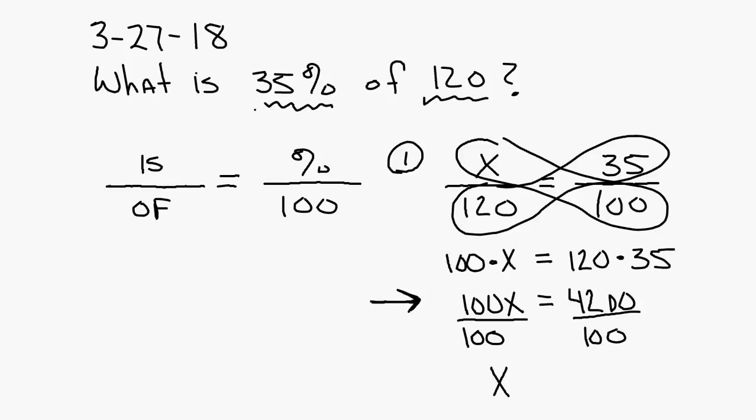So your x is equal to 42. So the question, what is 35% of 120? Well, 42 is. 42 is 35% of 120. Questions?